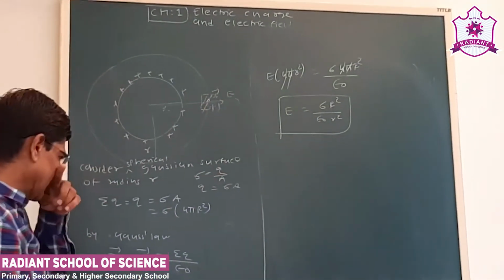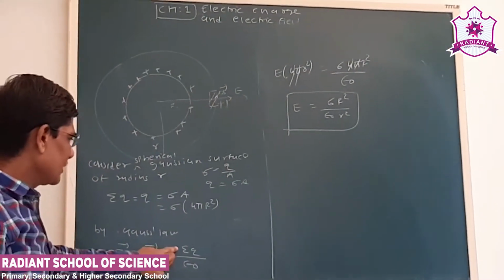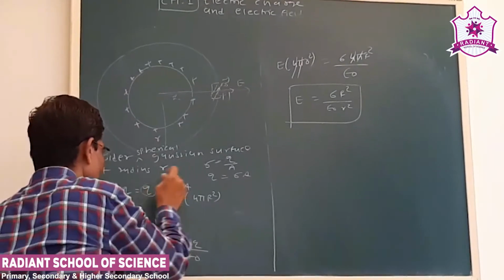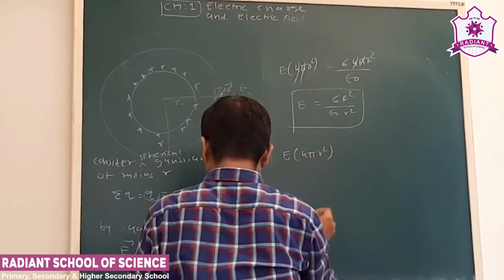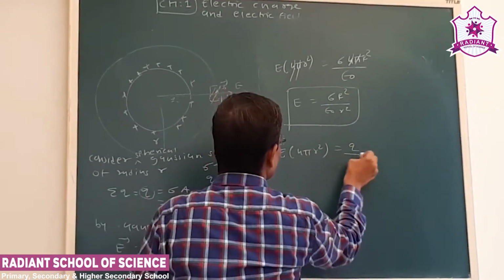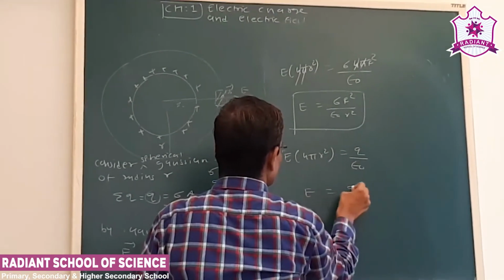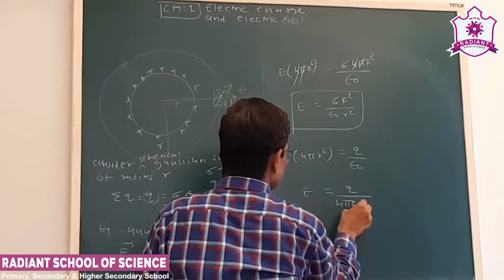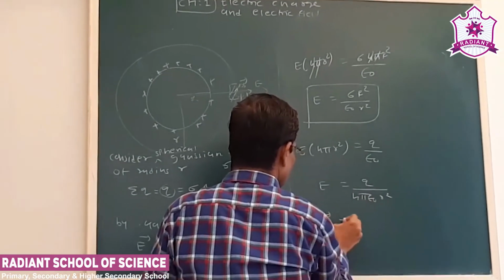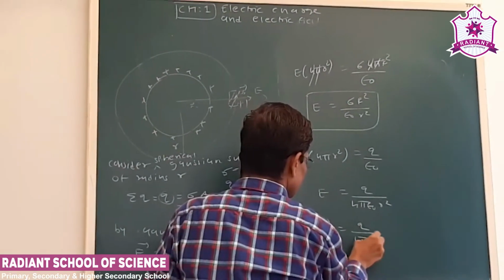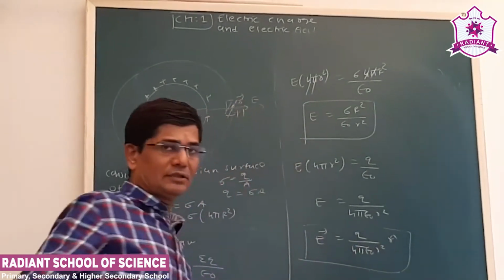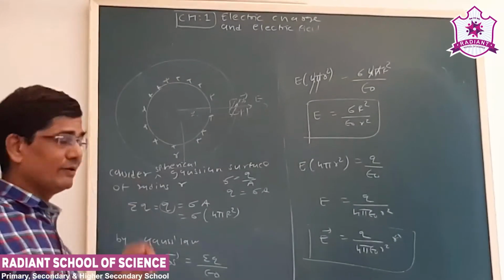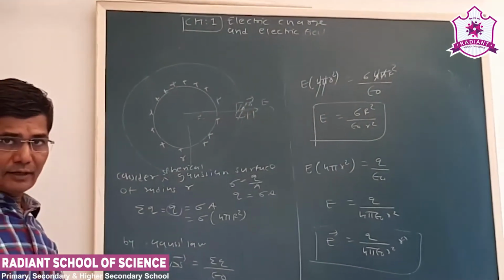Now with the first equation, instead of sigma q we write only small q. Then we can write E into 4 pi r square. Sigma q is q, so E is equal to q upon 4 pi r square. See the vector form. Okay, this is how we can obtain the electric field due to a spherical shell.